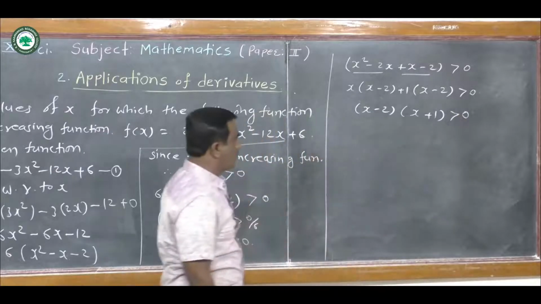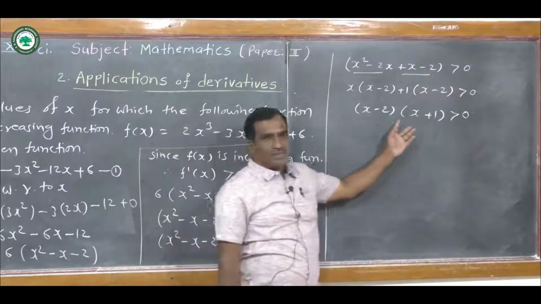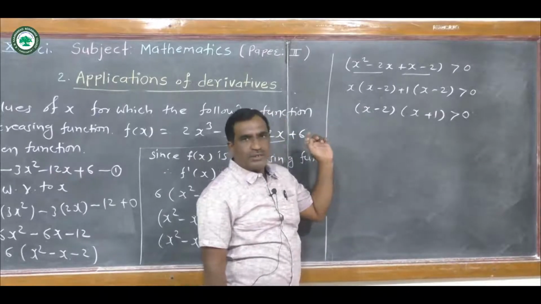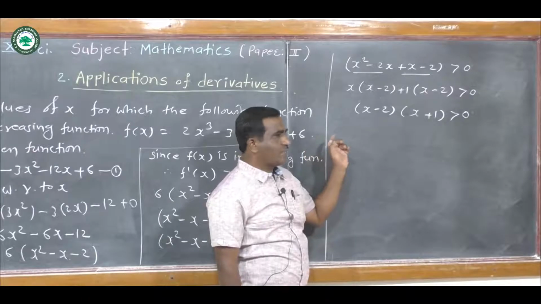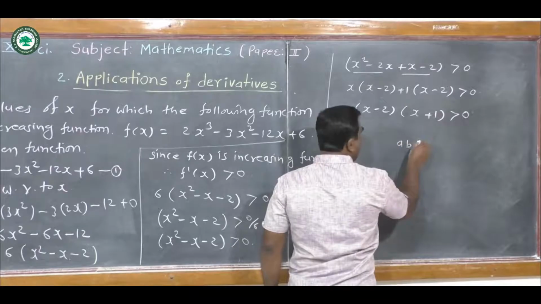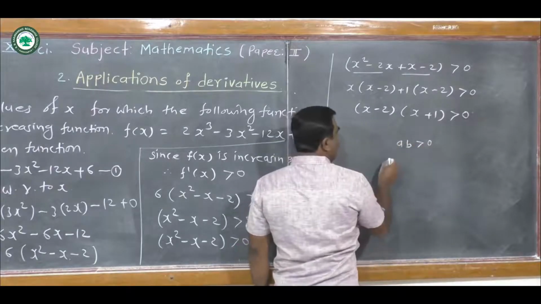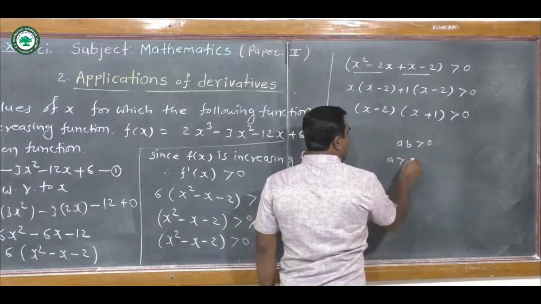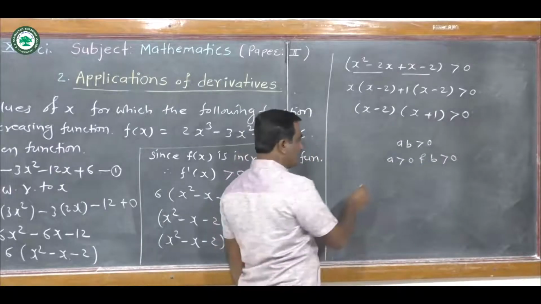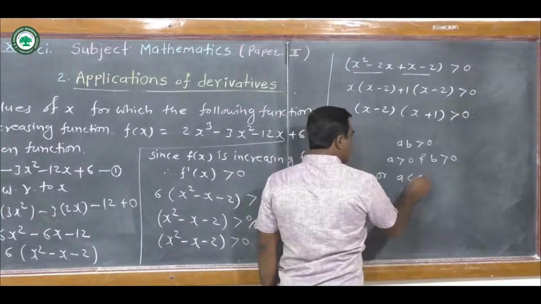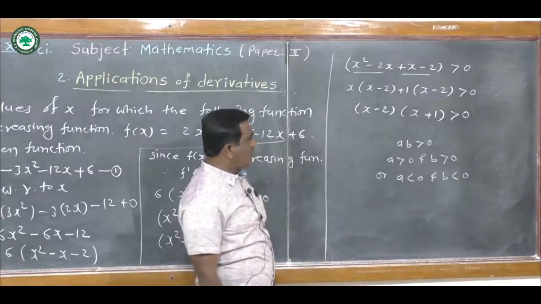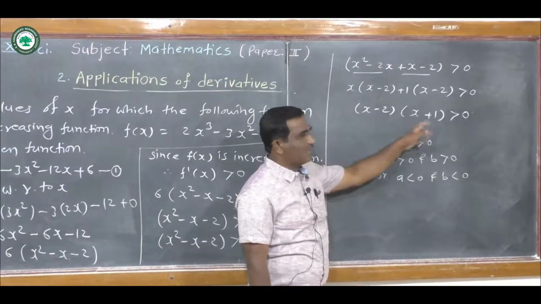Now here also the product of two numbers is greater than 0. That is, a into b greater than 0. Then here also two cases arise. a into b greater than 0 implies that a greater than 0 and b greater than 0, both are greater than 0, or a less than 0 and b less than 0, both are less than 0. Then the product of these two numbers is greater than 0.